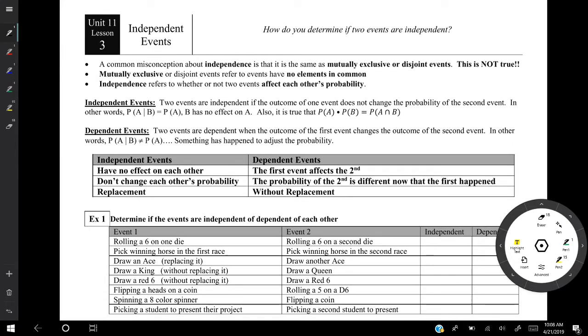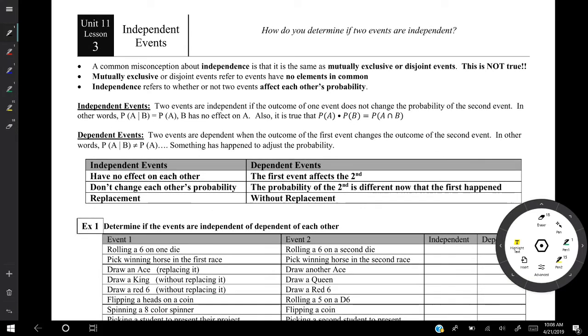A common misconception is that the two events are what we call disjoint or mutually exclusive. Independence does not mean disjoint, meaning two completely separate things. Disjoint refers to things that have literally no elements in common, like black versus red cards.